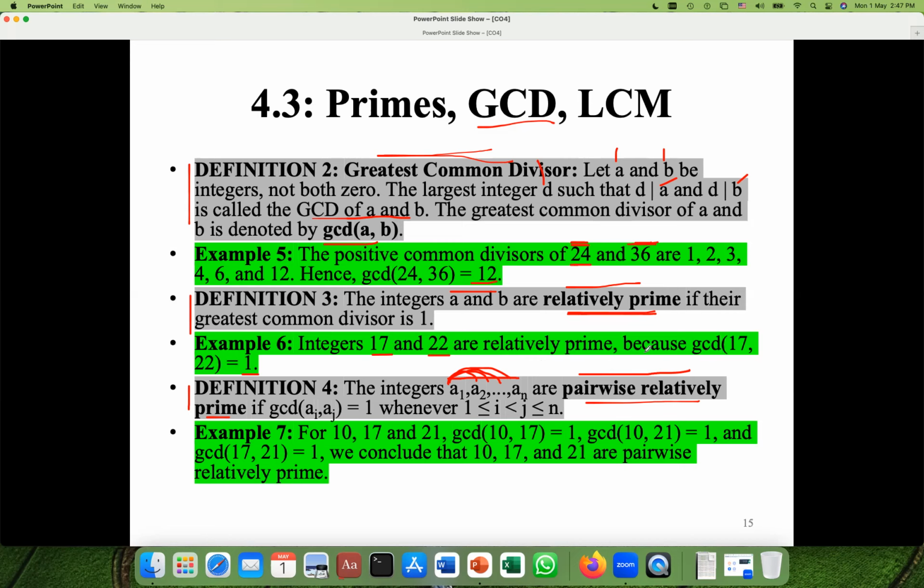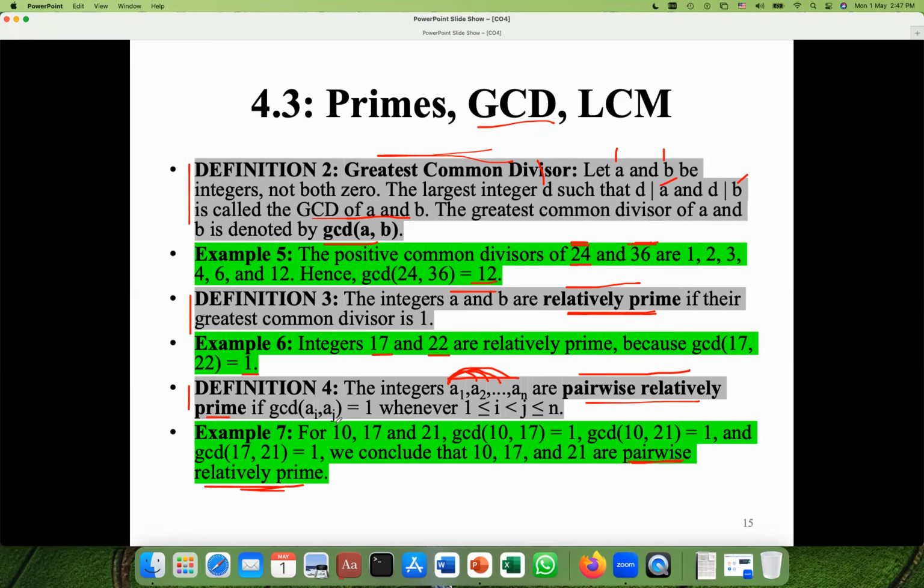So you have to make pairs and then find their GCD, and if it is 1, then they are pairwise relatively prime, because the definition of relatively prime is GCD equal to 1. For example, here you are given three numbers: 10, 17 and 21.